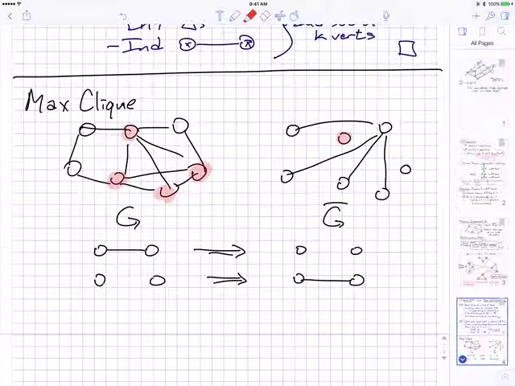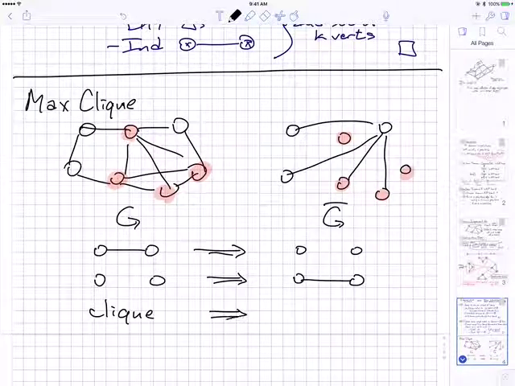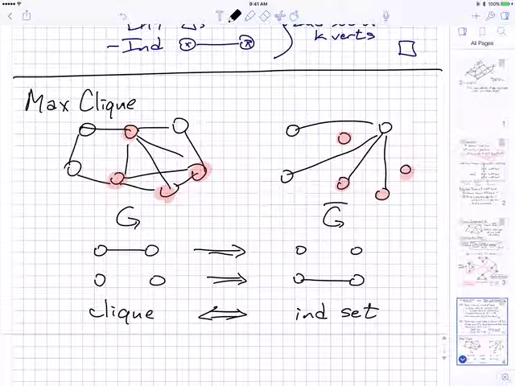And then if I do that, a clique in G corresponds exactly to an independent set in G bar. Because over here, I said I want every pair of marked vertices to be connected, and over there I said I want every pair of vertices to be disconnected. And so I just change the pairs that are connected into the pairs that are disconnected.